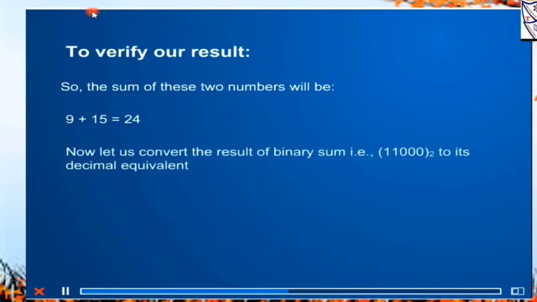Now, let's convert the result of binary sum, that is 11000 base 2 to its decimal equivalent. 1 into 2 raised to the power 4 plus 1 into 2 raised to the power 3 plus 0 into 2 raised to the power 2 plus 0 into 2 raised to the power 1 plus 0 into 2 raised to the power 0.